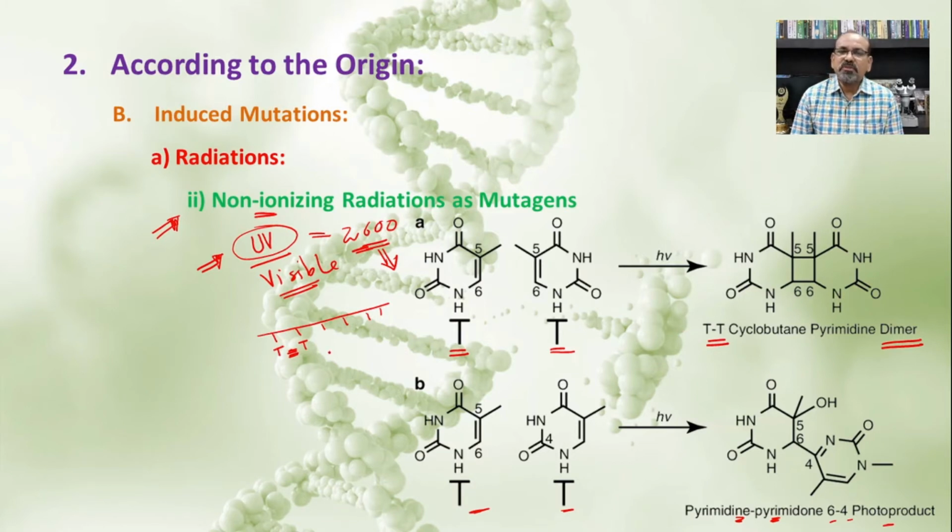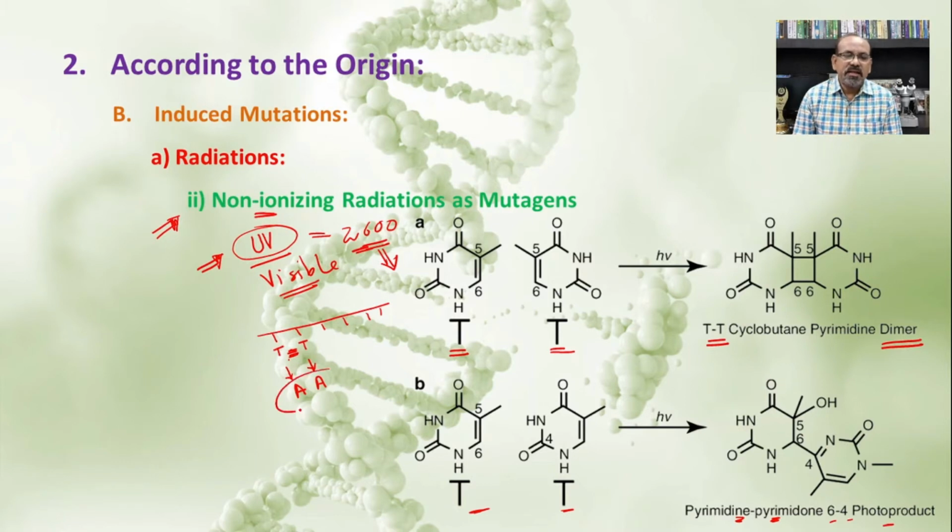When there is a formation of the thymine dimer, there is a distortion in the DNA molecule, because after the formation of the dimers, they are not able to pair with the respective adenine.